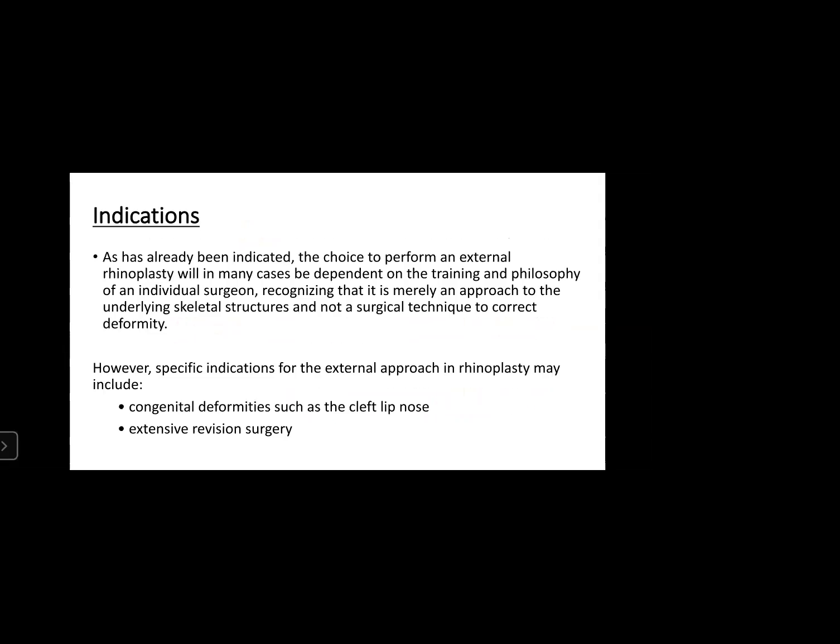So, severe nasal trauma. Previously we had cleft lip and cleft palate, as you have seen, and also congenital deformities like cleft lip nose and extensive revision surgery. Next is about nasal trauma and tip deformities, leading to rotation and projection issues, and septal deviations, especially high dorsal deviations.